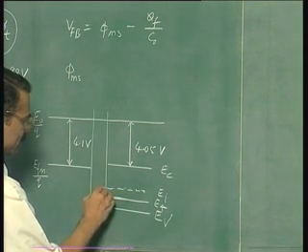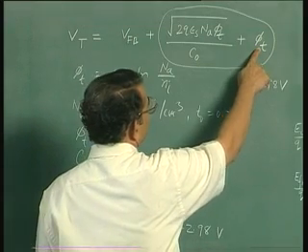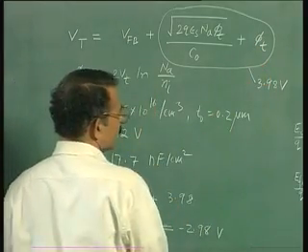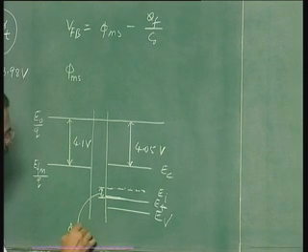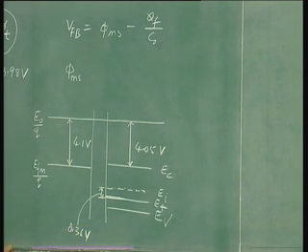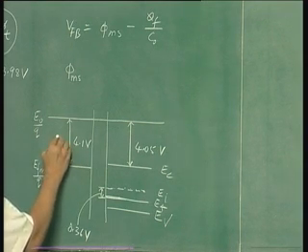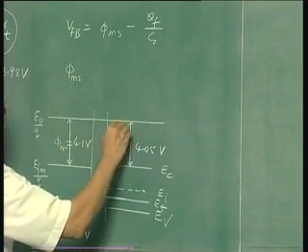Now this difference is phi f, which is half of phi t. Now this phi t is 0.72 volts, therefore this phi f is 0.36 volts. Now to determine phi ms, this is phi m and phi s is this quantity.